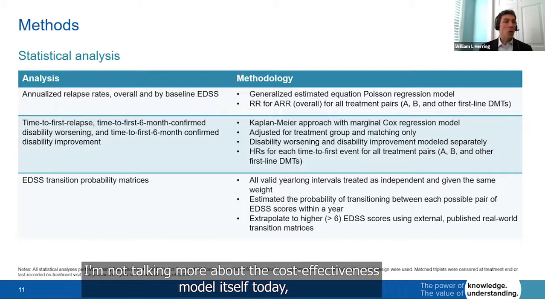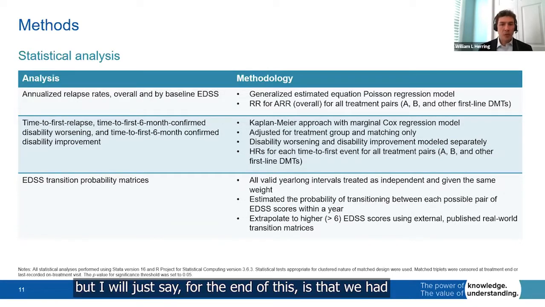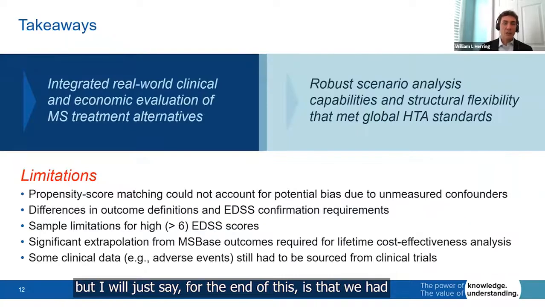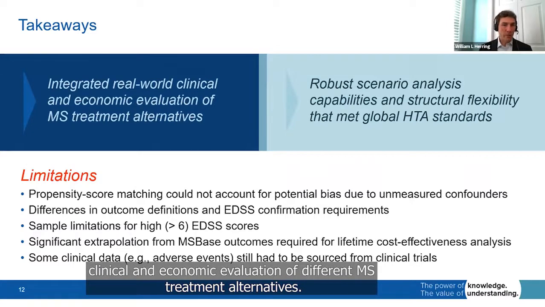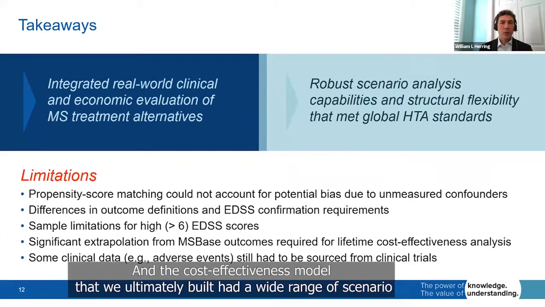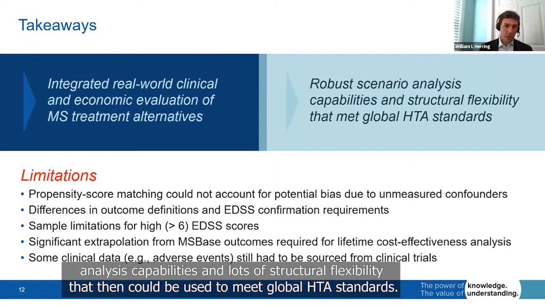I'm not talking more about the cost effectiveness model itself today, but I will just say the end of this is that we had really an integrated real-world clinical and economic evaluation of different MS treatment alternatives. And the cost-effectiveness model that we ultimately built had a wide range of scenario analysis capabilities and lots of structural flexibility that then could be used to meet global HTA standards.